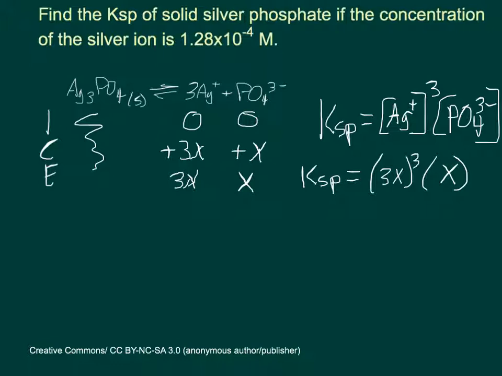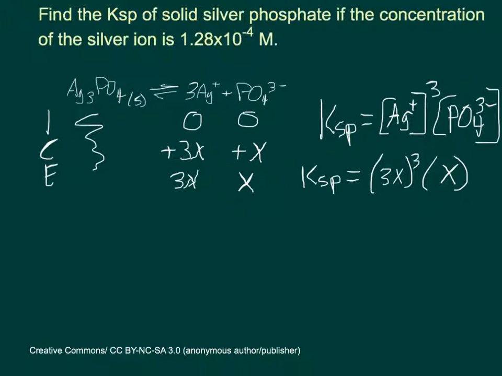Okay, so now what I'm given to work with is the concentration of the silver ion. If we look right here, 3x, my horrible handwriting scrawl right now, is going to be equal to 1.28 times 10 to the negative fourth.